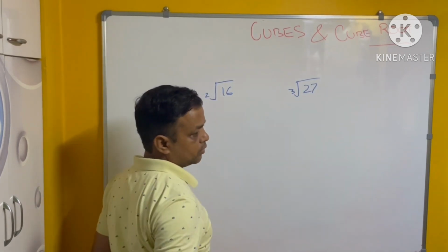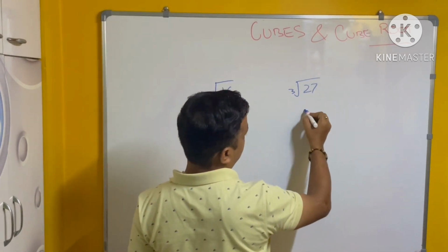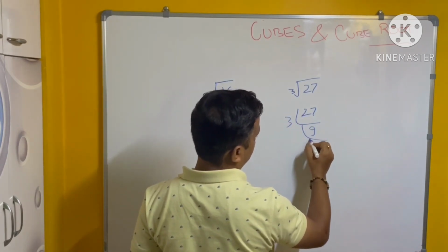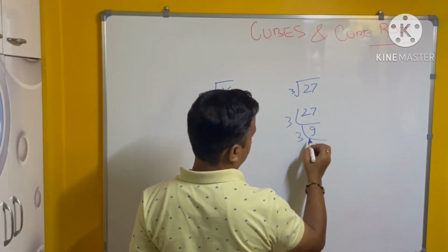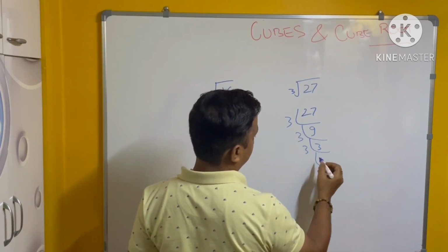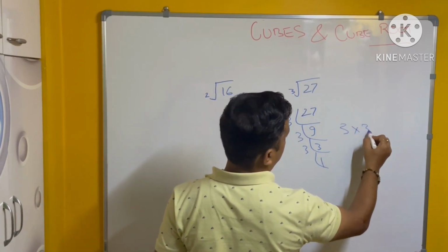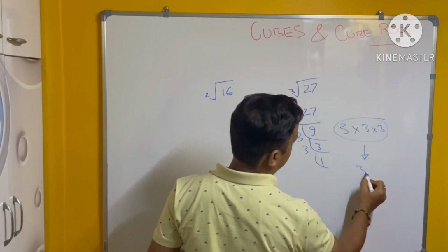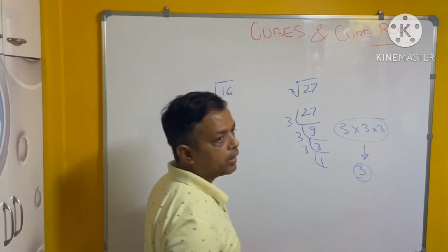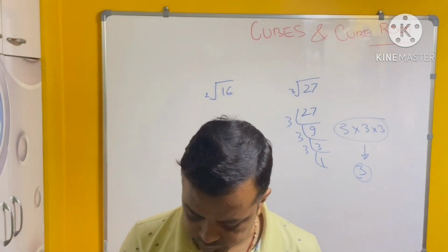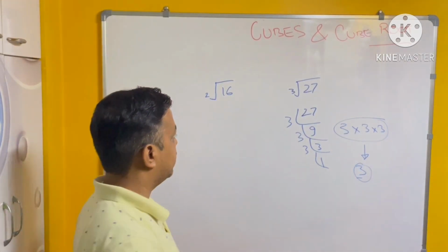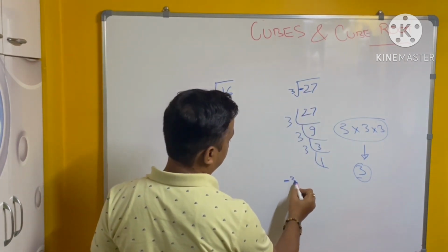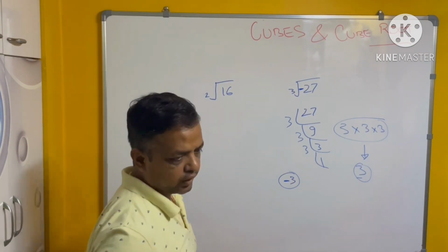Suppose this, so what is the cube root of this? Factorize it, 3 into 3 into 3, so out of these we took one 3, so the cube root is 3, right? And if it is suppose minus here, then the cube root is -3.